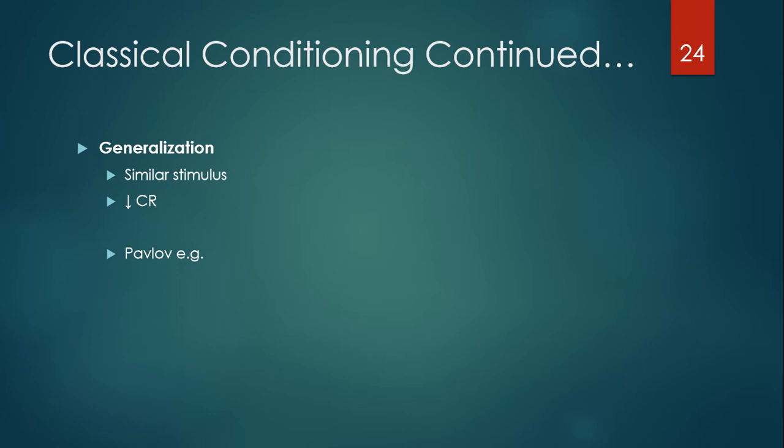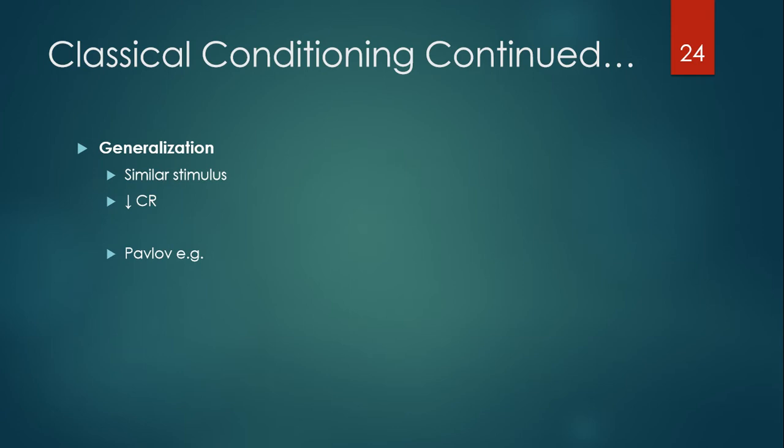So going back to the Pavlov example, let's say instead of ringing a bell, he played a tone, maybe a piano key or something for the dogs to see if they would drool. And lo and behold, surprise, surprise, they drooled a little bit in the presence of that piano key. So that piano key sound is not the same as the bell.